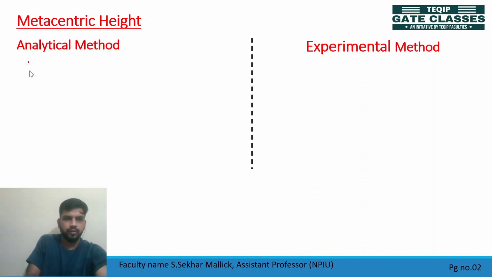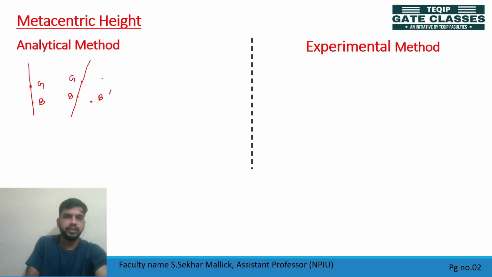Here suppose this one is your G and the center of buoyancy, earlier it was vertical, now because of angular displacement the new center of buoyancy has changed to B dash from B, and this is your G, the center of gravity.